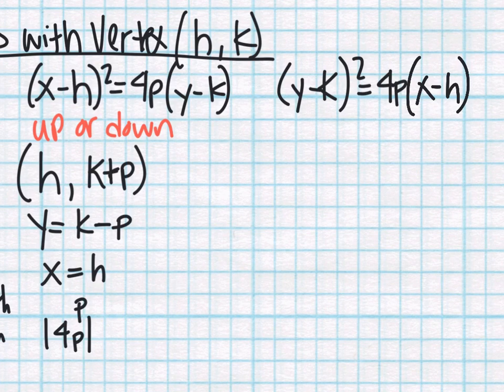So you can see the whole entire thing in parentheses switches places on these. Makes sense because the x and the h and the k and the y are coordinates that are related to the x and y values. So this one goes left or right.